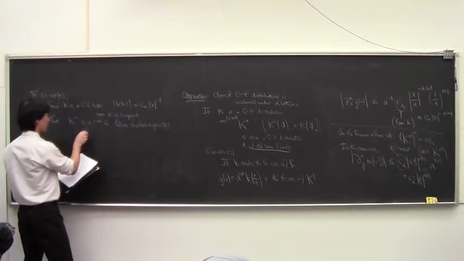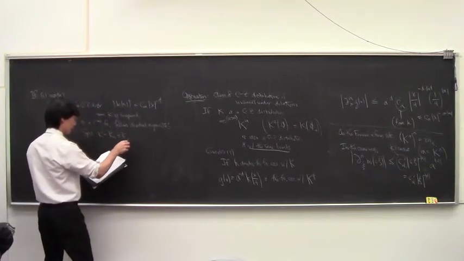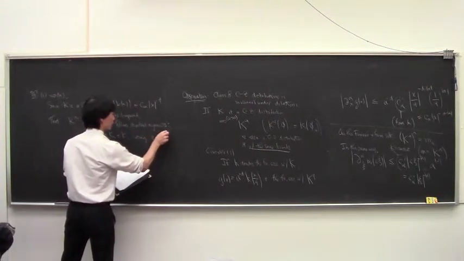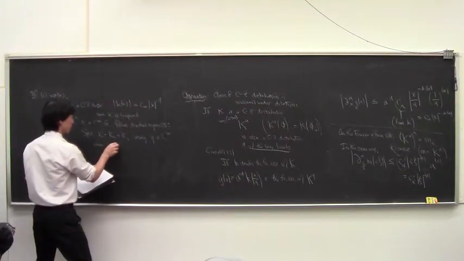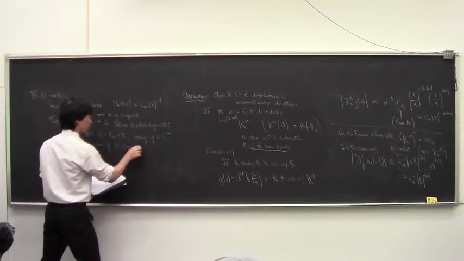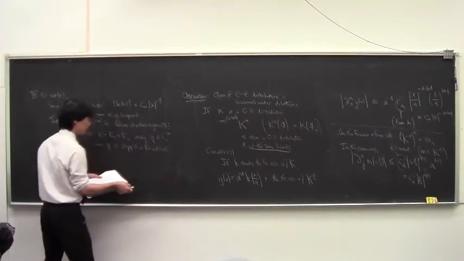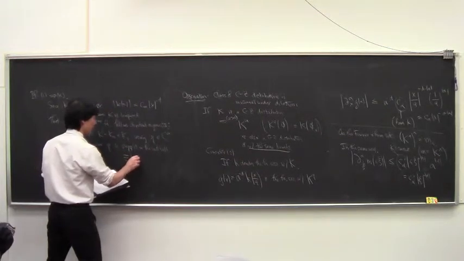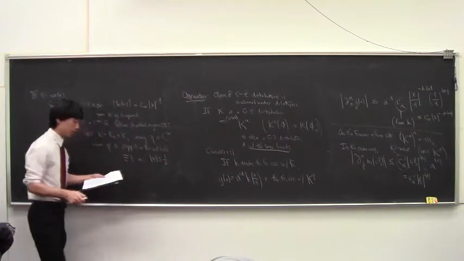You split K into K naught plus K1 using some cutoff function eta, which is supported in the unit ball and is constantly equal to 1 on the ball with radius a half.